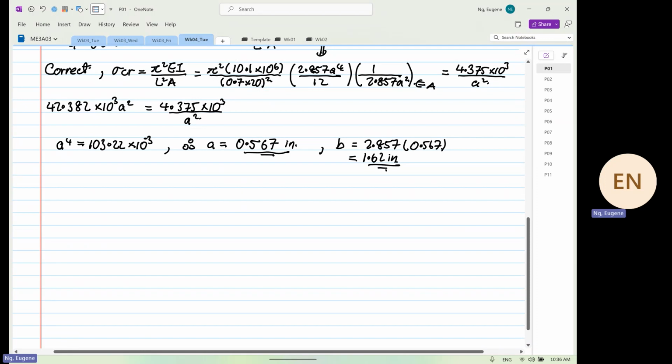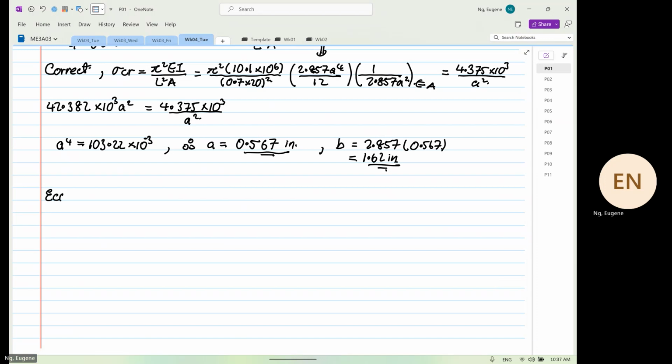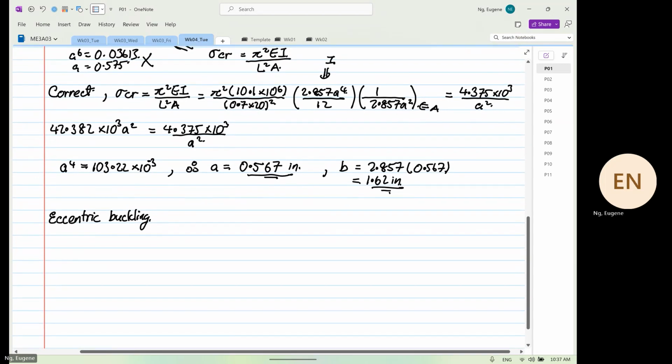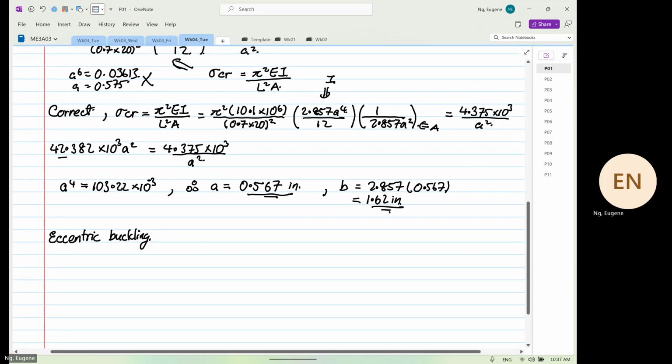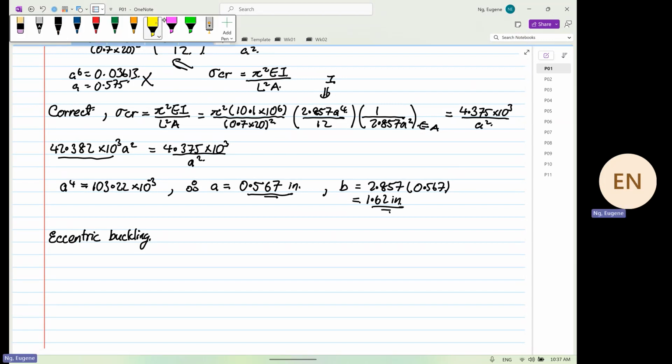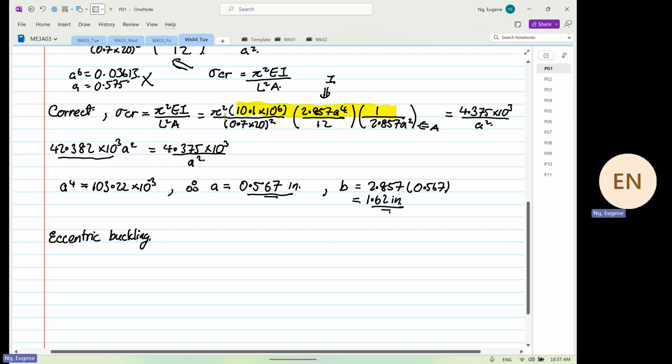So the next thing that we're going to do is eccentric. And everyone okay? Yes. This term, this is when you press in the calculator all these numbers.